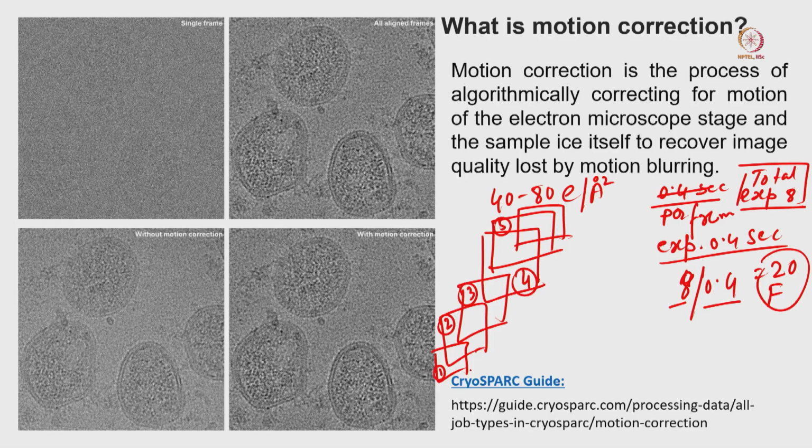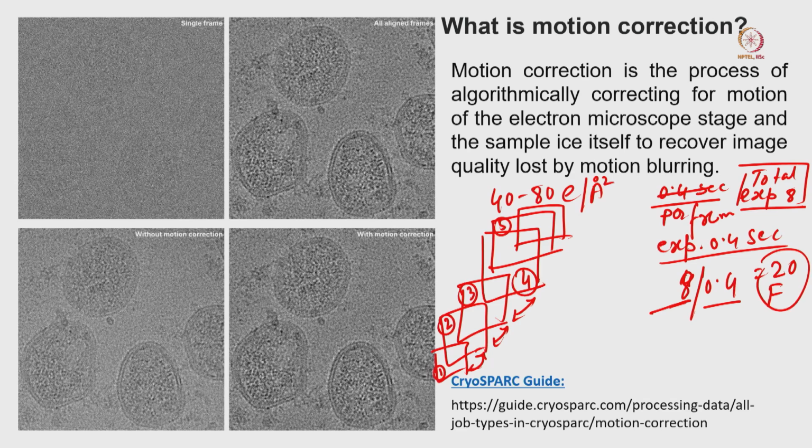What we have to do is align these frames with each other, because there is motion due to thermal drift. When the electron beam is passing through the sample, a lot of energy is transferred to that amorphous ice, and there will be a thermal drift. Because of this thermal drift, if you collect an integrated image of the 8 seconds, you will get a blurred image, like what I showed previously for the bird going inside the nest.